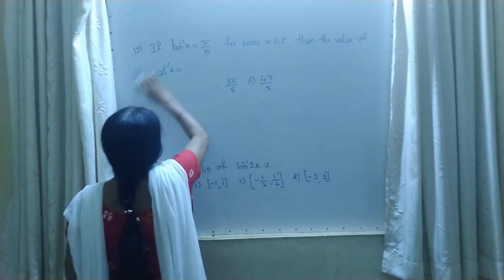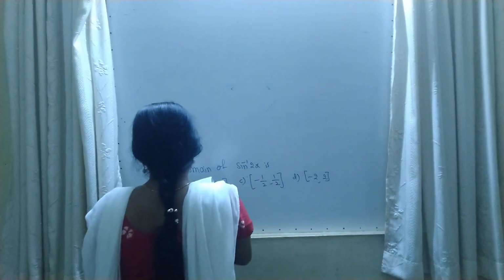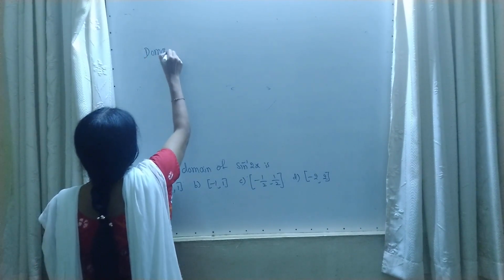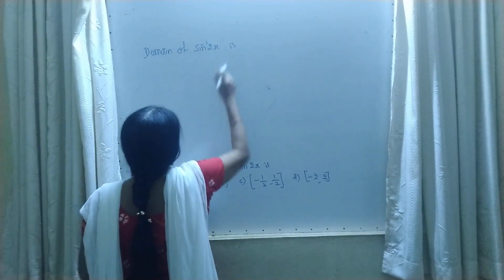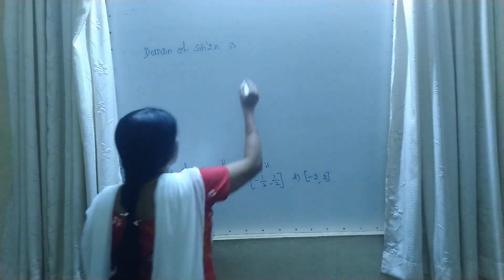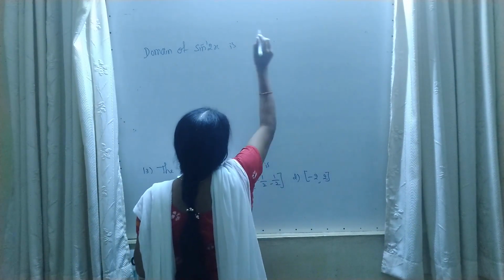So we know the domain of sin inverse x, but here the angle is 2x. Then how do you write the domain of sin inverse 2x? What is the domain of sin inverse x? The angle is lying between minus 1 to plus 1. Here instead of x we have 2x.